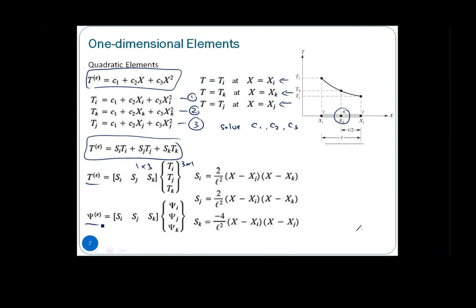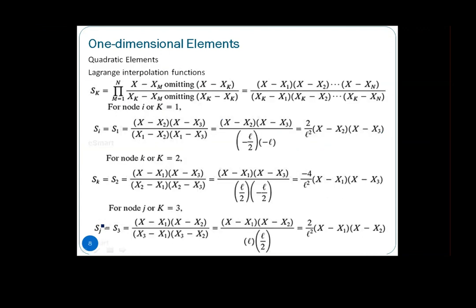In an easier way, you can use the Lagrange interpolation functions, where it is stated that if you want to find any node's shape function, we take a multiplication of x minus xm, excluding x minus xk, divided by xk minus xm, excluding xk minus xk.